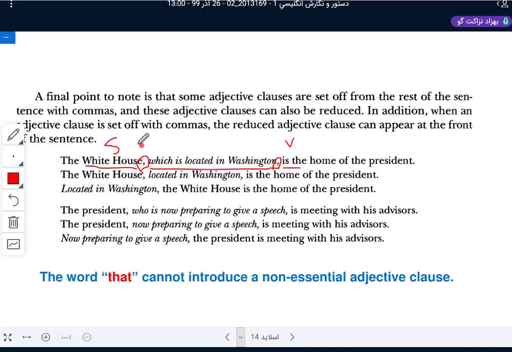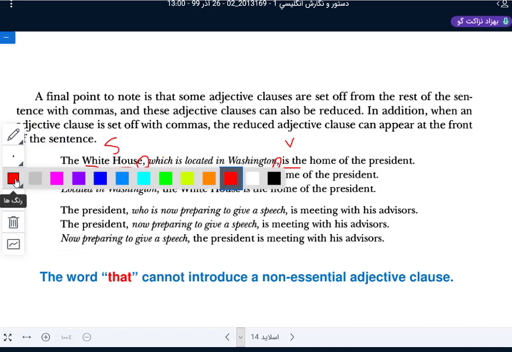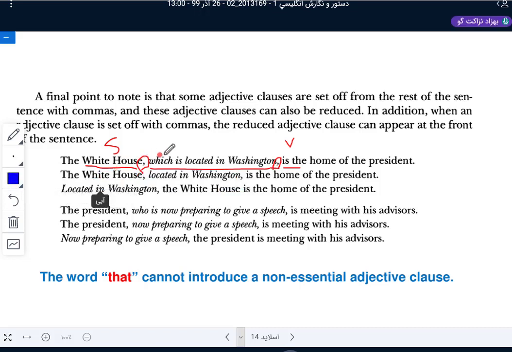How did I know that this is an adjective? I know that which is a connector, a relative pronoun, and it refers to non-animate nouns. And there is no subject, so I am allowed to reduce this as an adjectival clause.